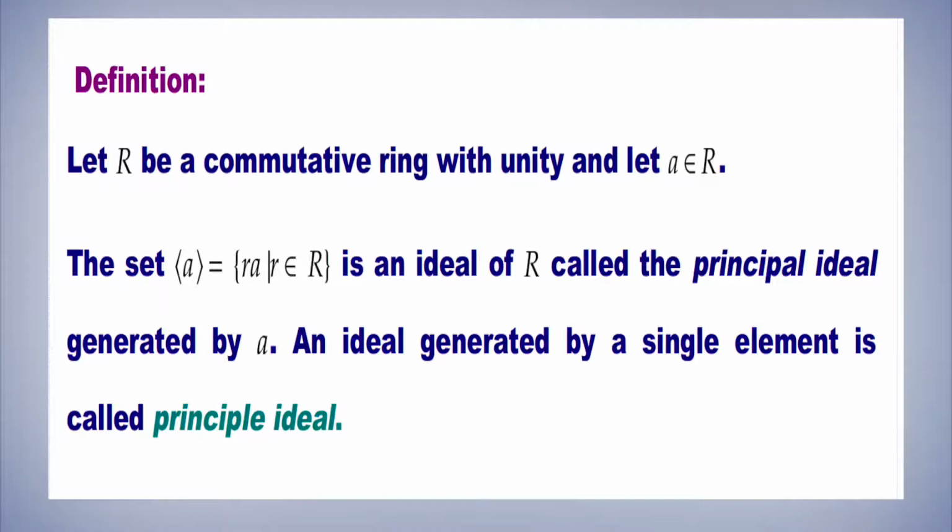So the definition of the principal ideal is, let R be a commutative ring with unity and let a belong to R. Then the set generated by a, equal to the set of all ra such that r belongs to R, is an ideal of R called the principal ideal generated by a. An ideal generated by a single element is called the principal ideal.